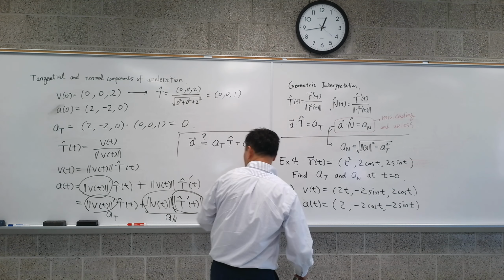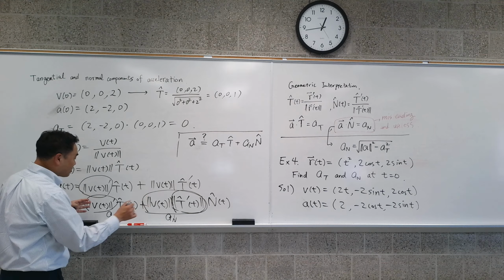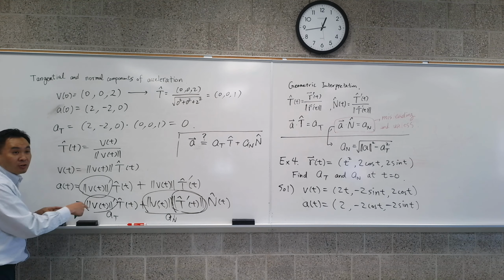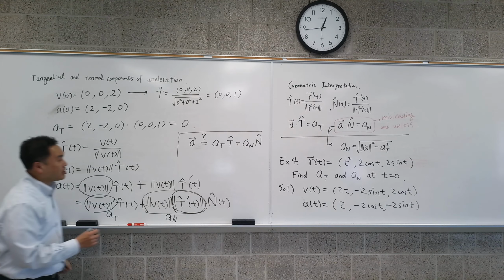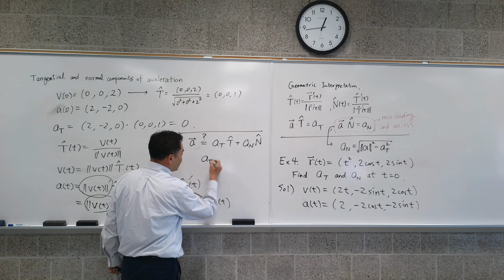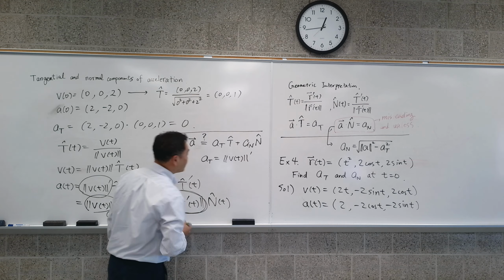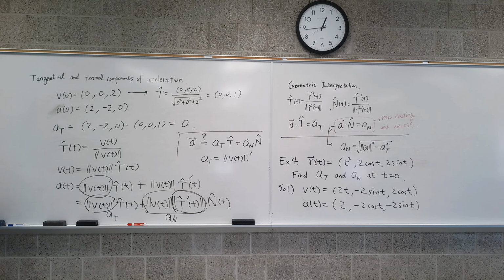If this entire thing is dotted with t hat, this will be 1 and this will be 0, so you just get this much. So they're the same. The outcome of this is that AT is really the norm of v of t, and the other one too. That's all.